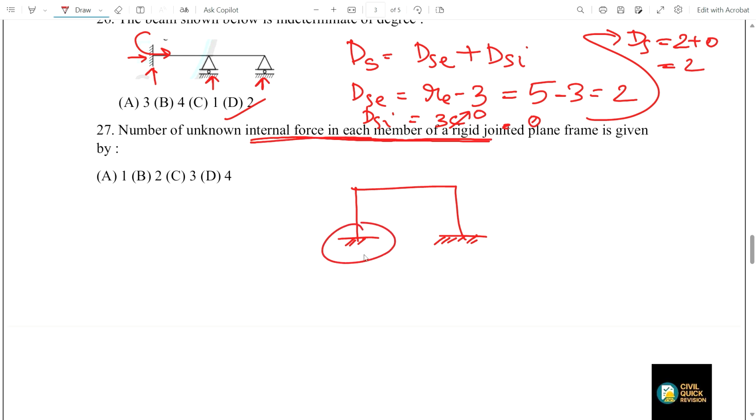Three internal reactions are developed: one vertical, one horizontal, and one moment, the resisting moment. So total 3. Option C is the correct answer. If they ask internal force in the overall member, then total number of forces will be 6, but for each member it is 3.